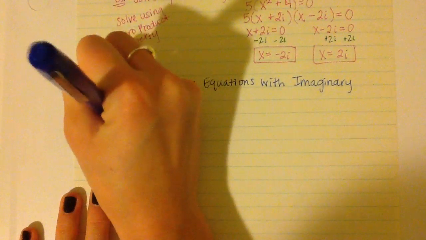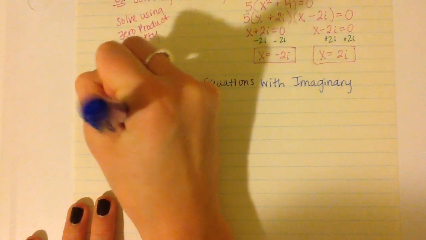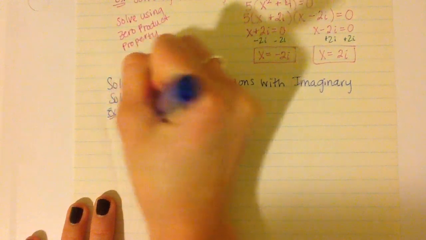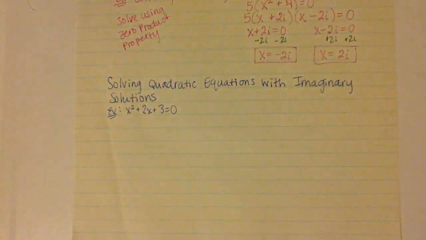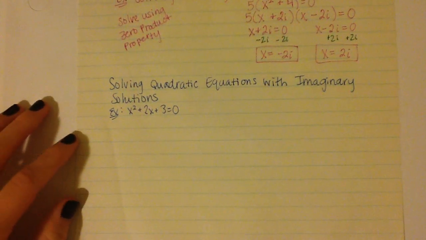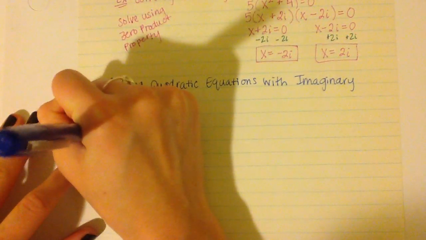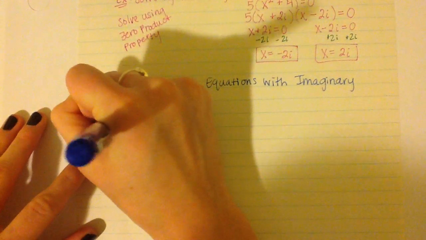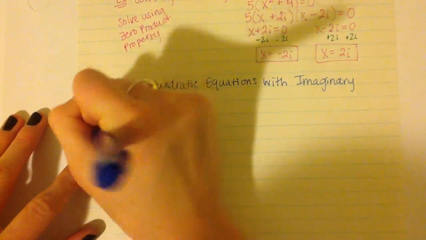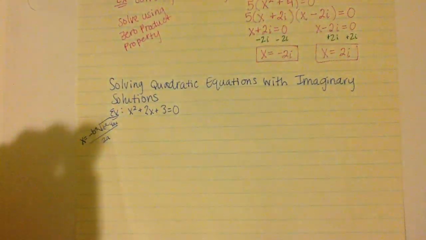So, first example, we have x squared plus 2x plus 3 equals 0. So if we remember, the quadratic formula is x equals the opposite of b, plus or minus the square root of b squared minus 4ac, all over 2a.